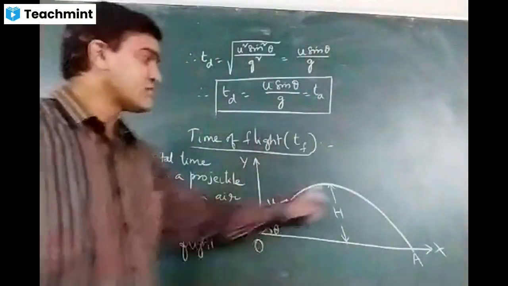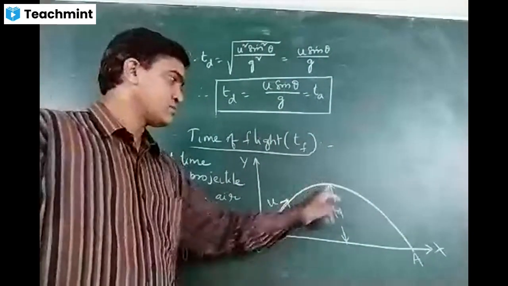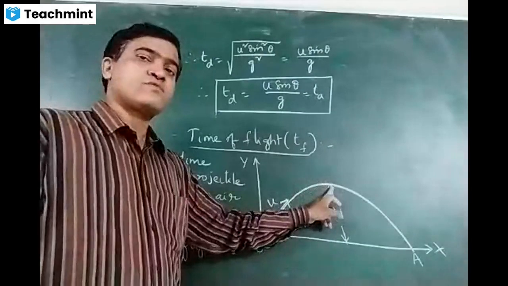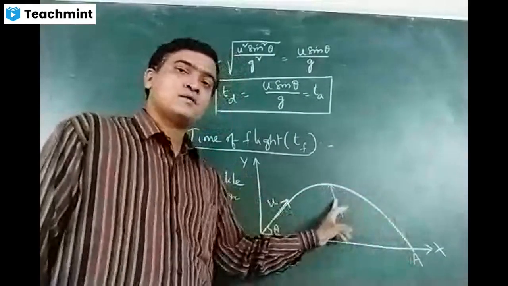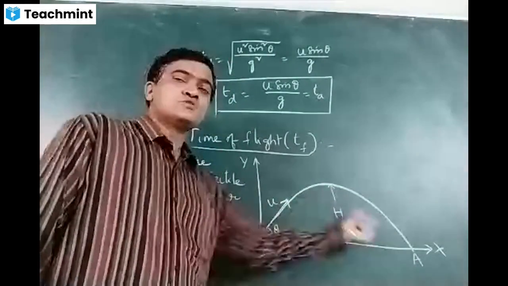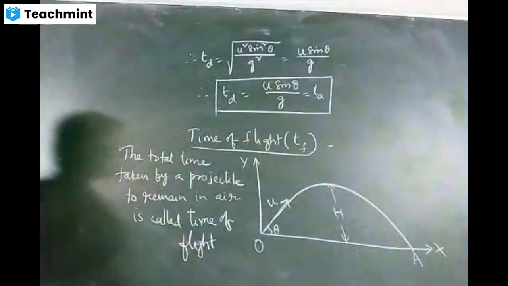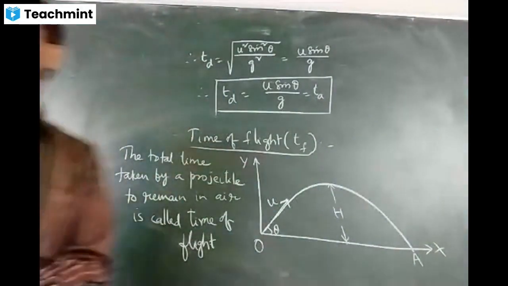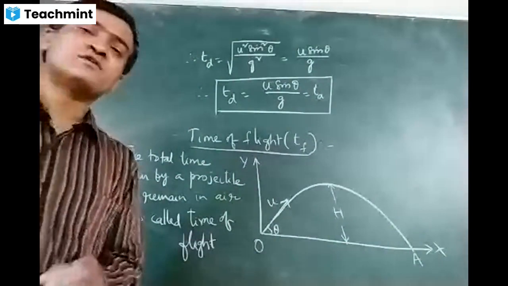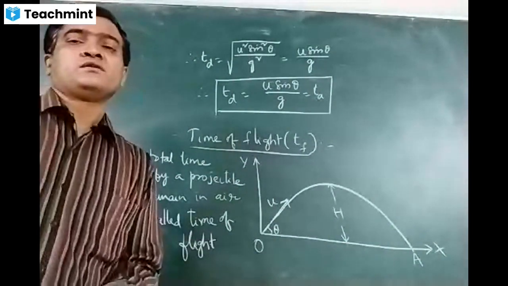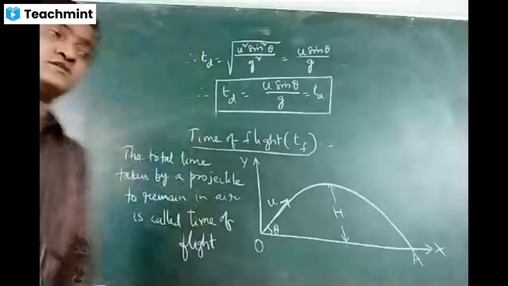But what is this time called, up to here? Time of ascent. What is this time called? Time of descent. And if I sum up these two, time of ascent and time of descent, can I get time of flight? Yes, sir. So we can mathematically write the formula for time of flight as the sum of time of ascent and time of descent.